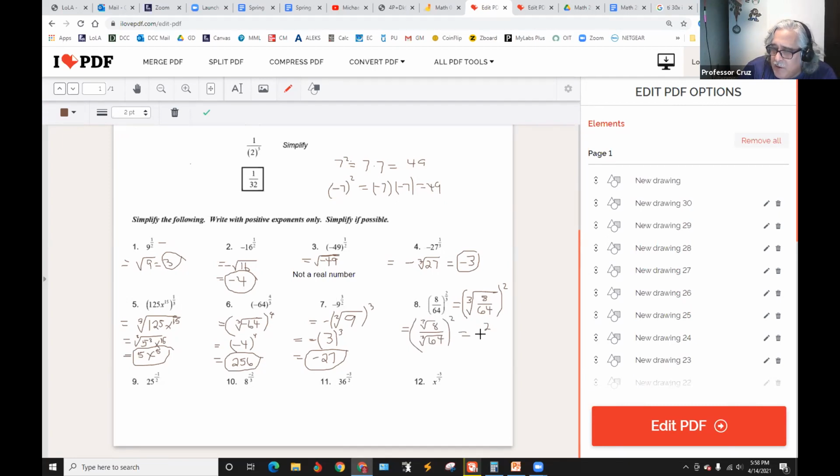The cube root of 64 is 4. And that's all squared. Now, it's probably going to be easier if we simplify this now. 2/4 is 1/2. And when you square it, it's 1/4. 1 times 1 is 1. 2 times 2 is 4. Okay?